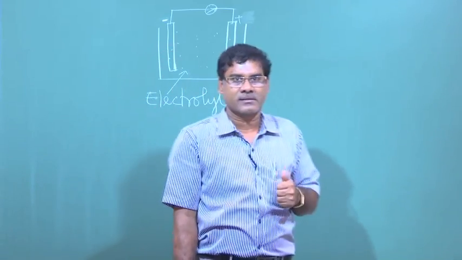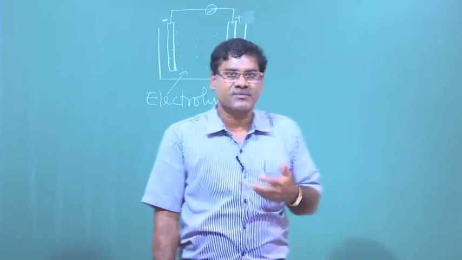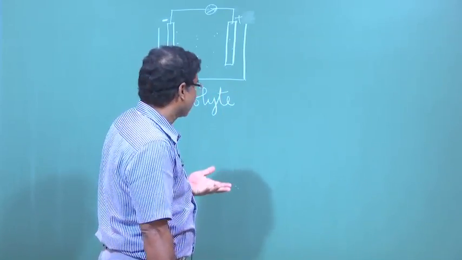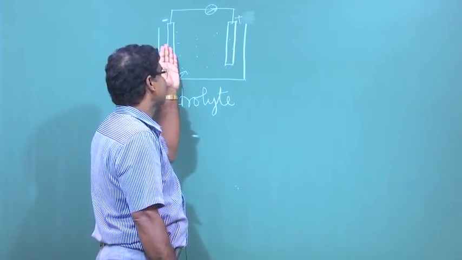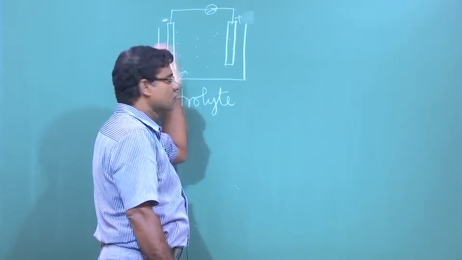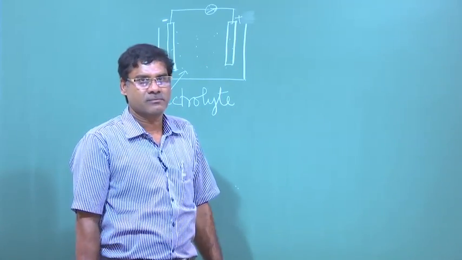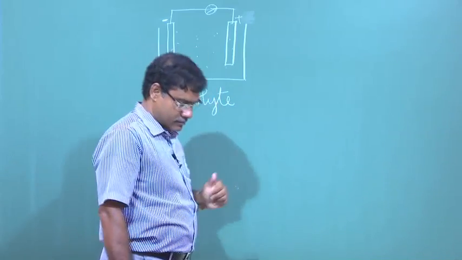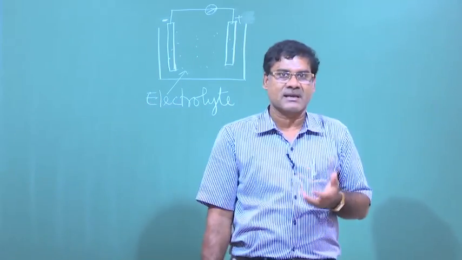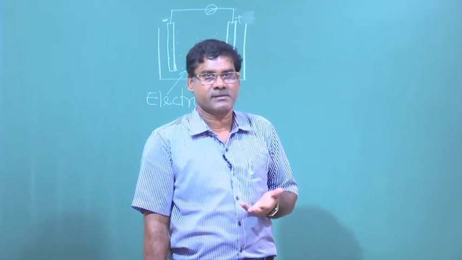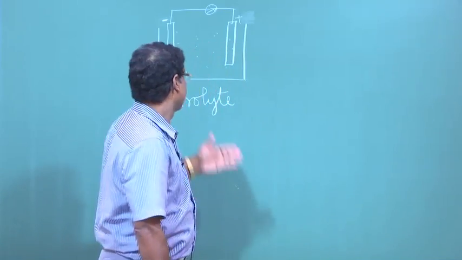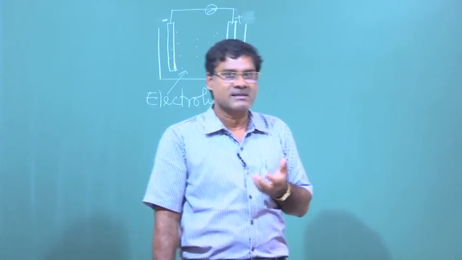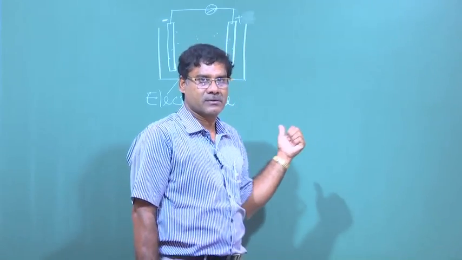It is found that if electricity is passed through this electrolyte, then mass of the substance is liberated, meaning deposited, on the electrode.